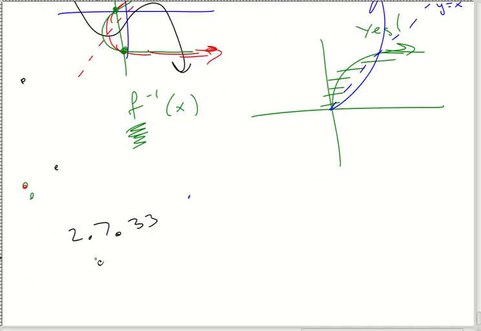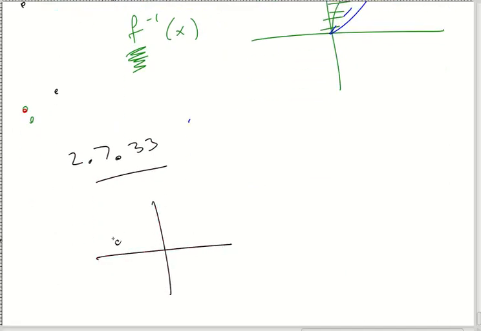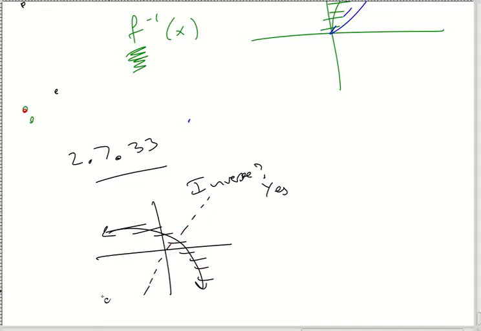2.7.33. I have this graph, it looks like it goes down. It asks, does an inverse exist for this? Can you draw an inverse? I would say yes. Horizontal line test: it hits once. It's just my drawing is not very good. What would that look like? It would kind of look like this.